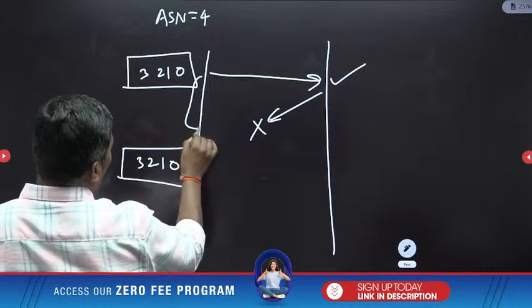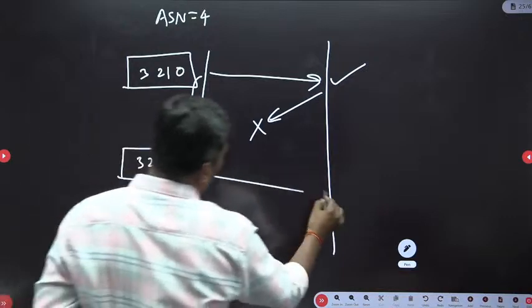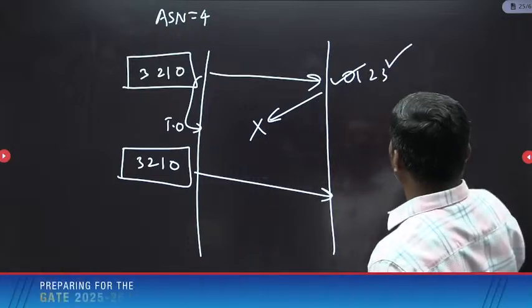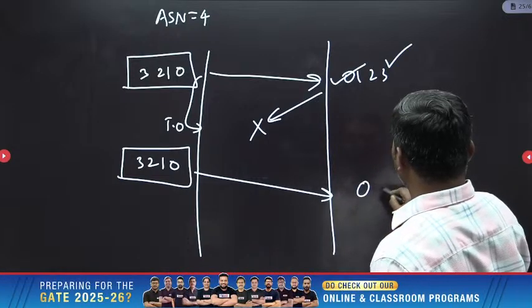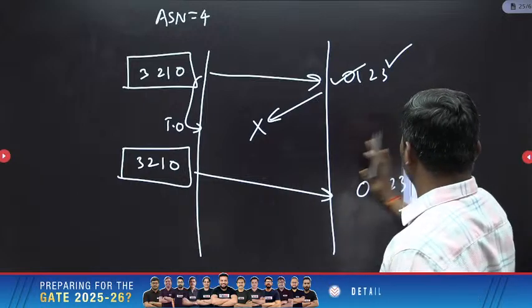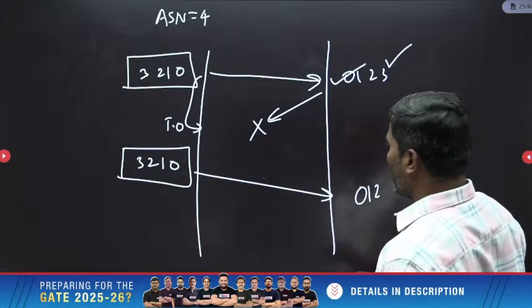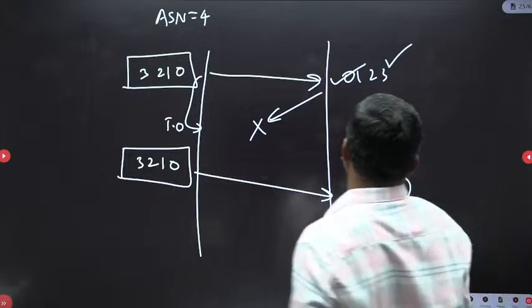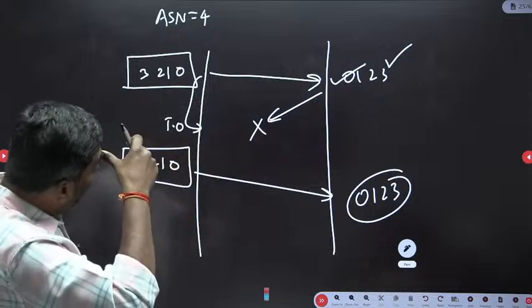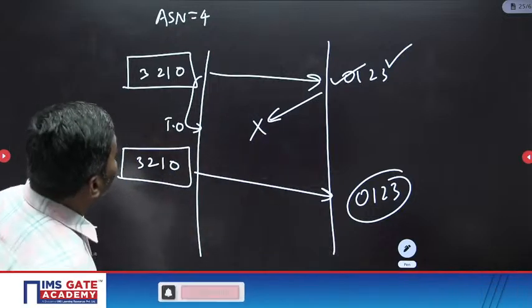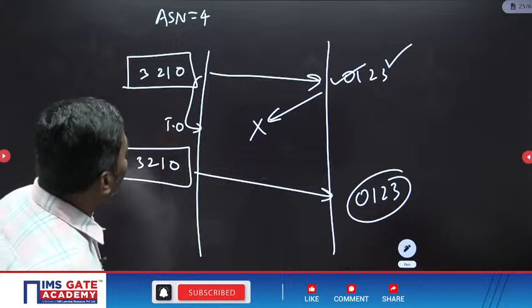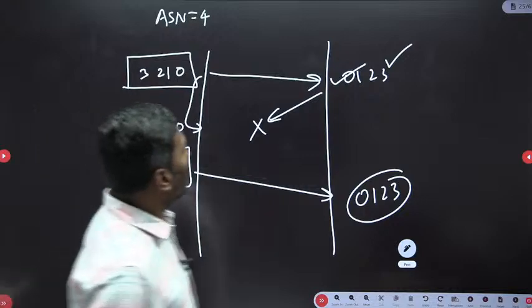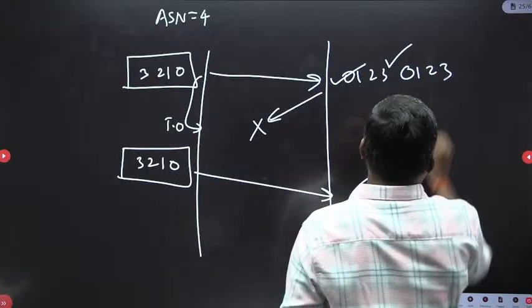You will wait till the timeout, then you will retransmit. He already received 0, 1, 2, 3. Now again 0, 1, 2, 3 came, correct or not? Now how is he able to identify whether he has to discard or not? He may be expecting new 0, 1, 2, 3, and these came.